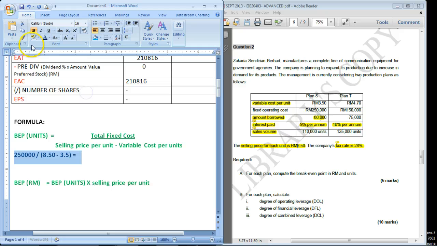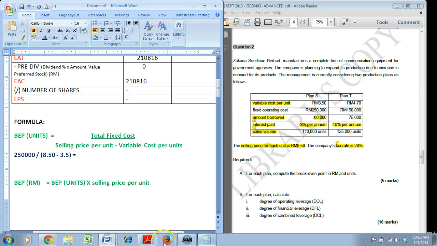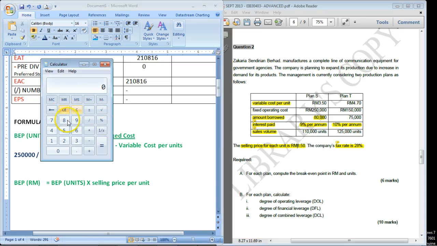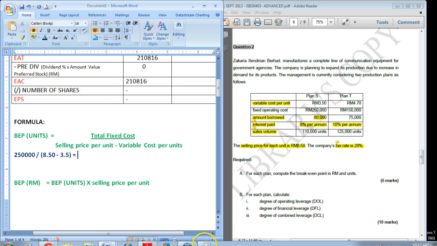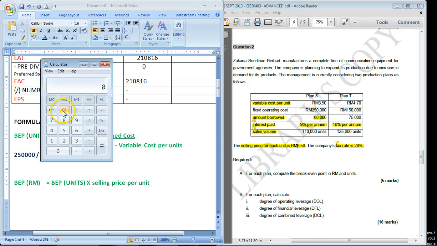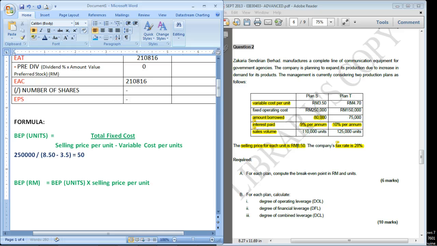After you get this answer, 8.5 minus 3.5, you will get 5. So 250,000 divided by 5, you get 50,000 units.